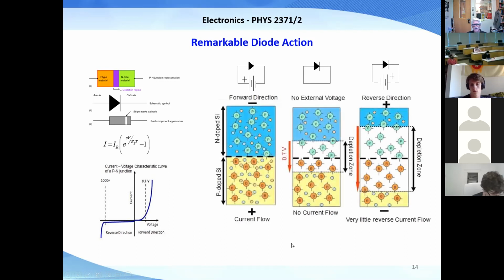Okay, so here's the crux of how a diode works. Here's a diode. I'm not putting any voltage on it, no external voltage. And we have this depletion region, that's an insulator. Okay, so if we put a small voltage on it, this is the p-type region. If you try to put positive here, the holes can't get across this insulating region.